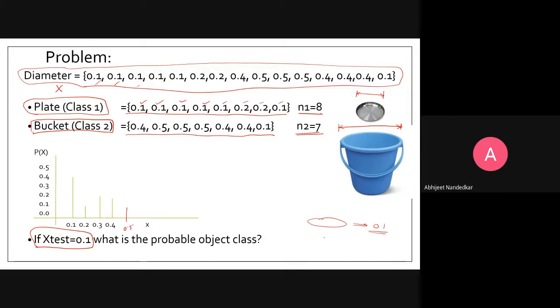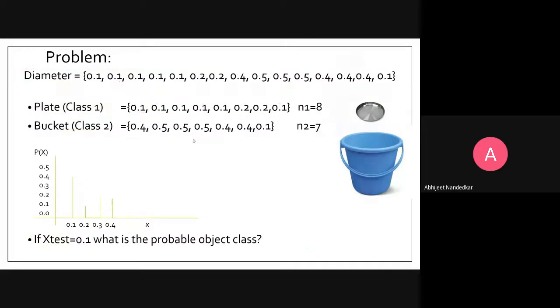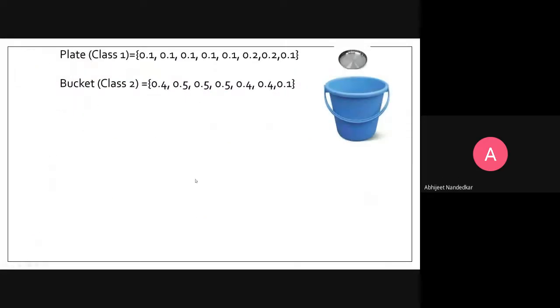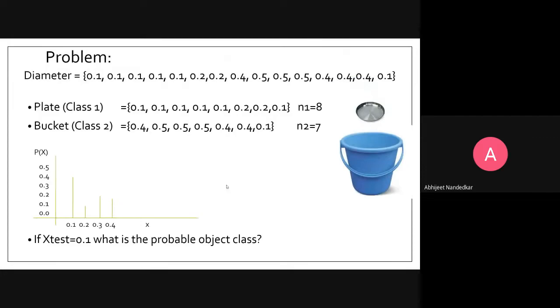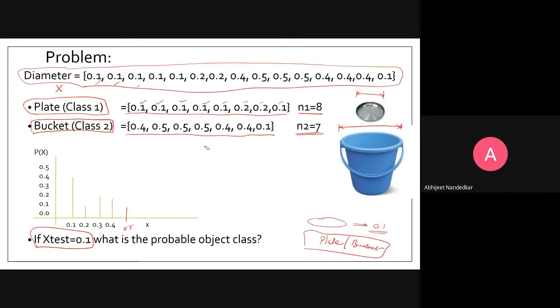Then you have to say whether this is a plate or a bucket. So you have to take a decision with only one measurement, and you can refer to the data given to you.